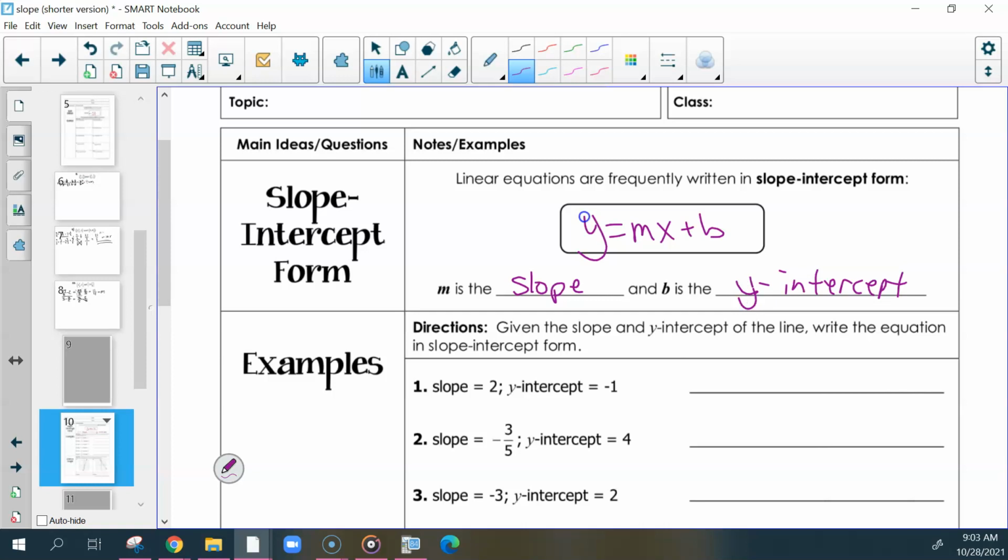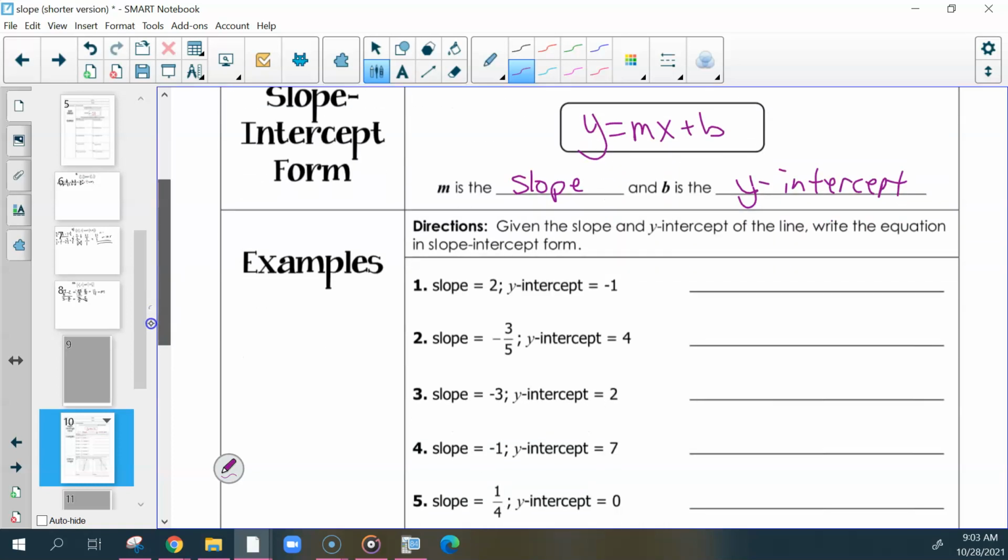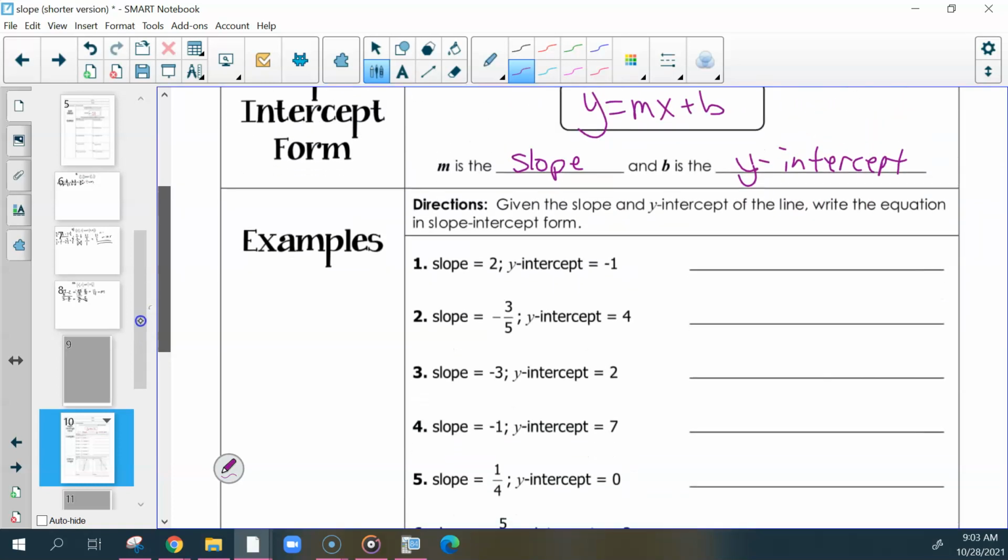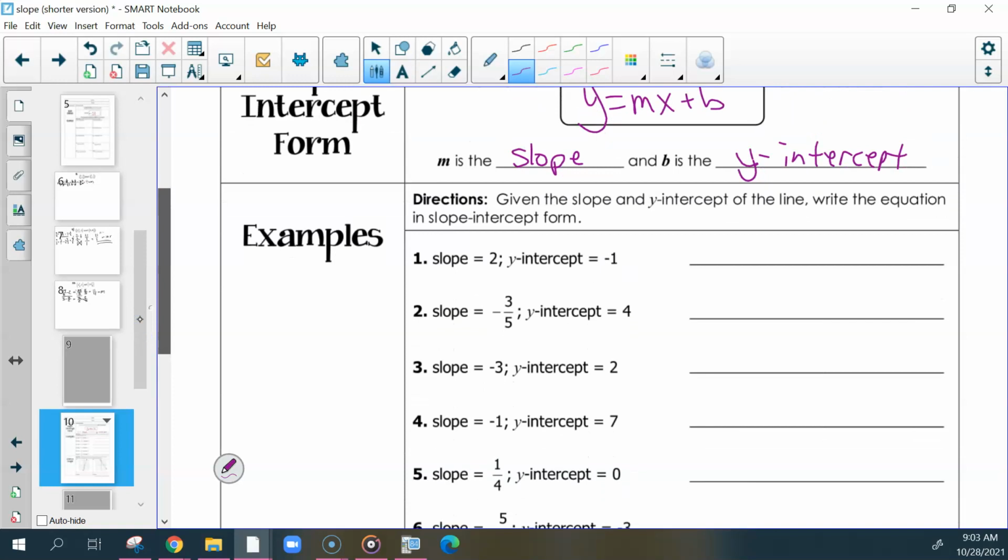So anytime your equation is in this format, you will always know what your y-intercept is. The number in front of x will be your slope. So in these examples down here, you're given the slope and given the y-intercept. You just have to put those two together in this equation.